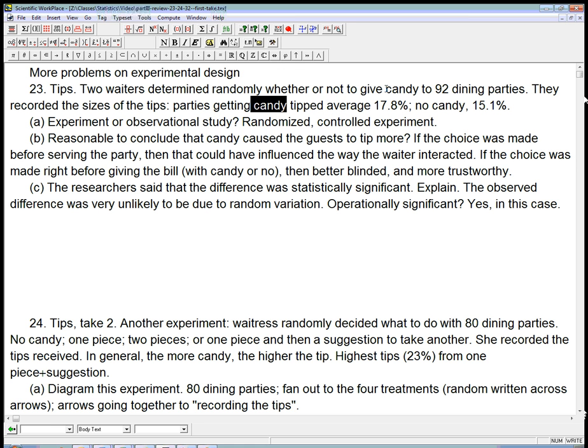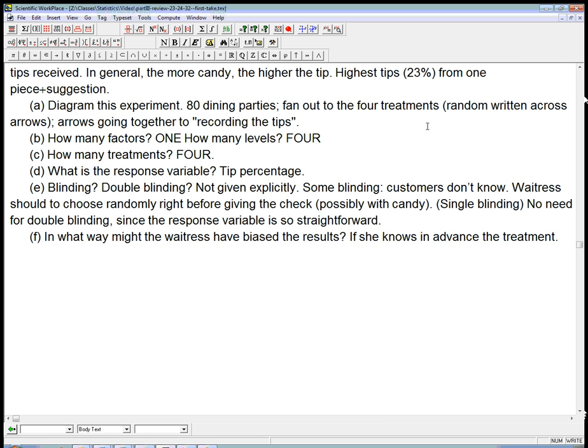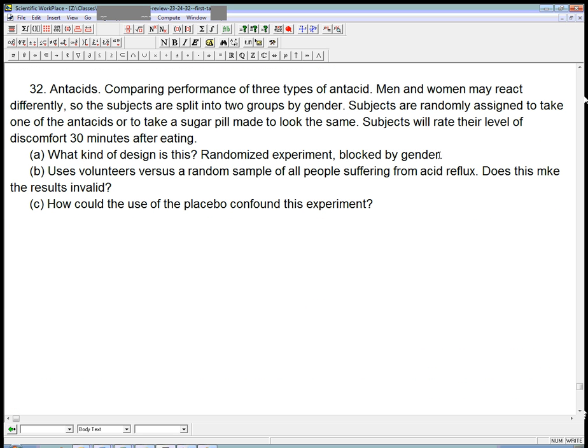Hard to say, and certainly impossible to say given that blocking was not done here. But 92 is not the world's most huge sample size. We might not want to do that blocking because it would reduce the sample size in each of the blocks. Okay, so here, blocking by gender is very, very common because we realize nowadays that that's going to be an effect.